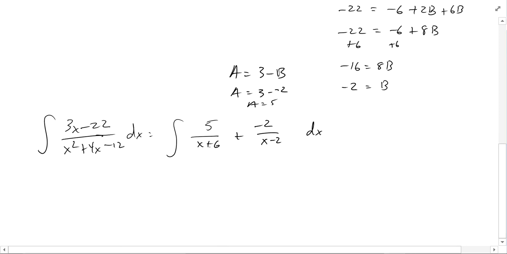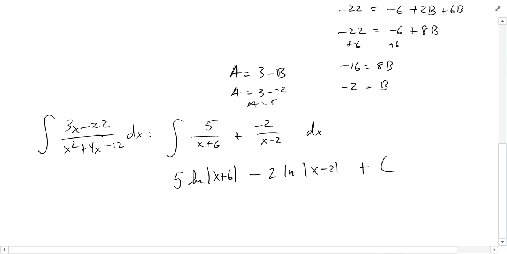The antiderivative of 1 over something, you can do with a substitution if you want to, but if you've got 1 over x, the antiderivative is the natural log. So what I'm going to get is 5 times the natural log of x plus 6 minus 2 times the natural log of x minus 2 plus c.